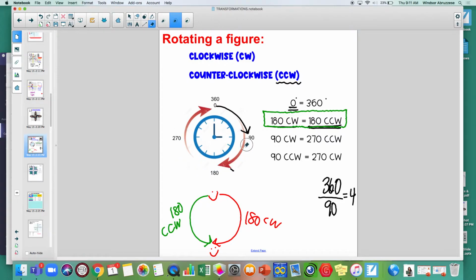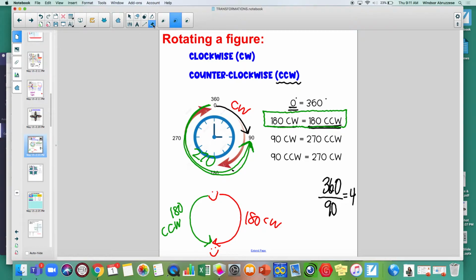So if I go 90 degrees clockwise, that is the same thing as counterclockwise 270, because I did 90, 90, 90. It's 270 degrees. Those turns are congruent.